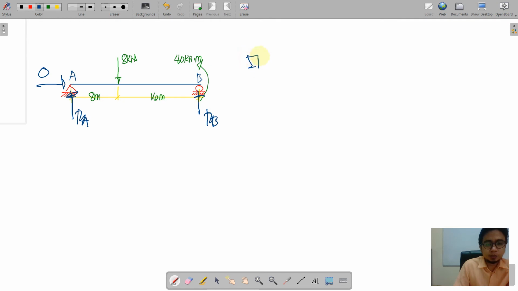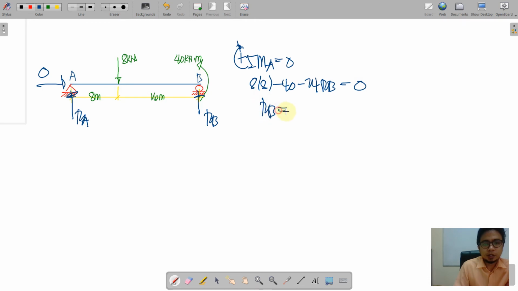So summation moments at A is equal to 0. We have 8 times 8 minus 40 minus 24 RB is equal to 0. So therefore, RB is equal to 1.